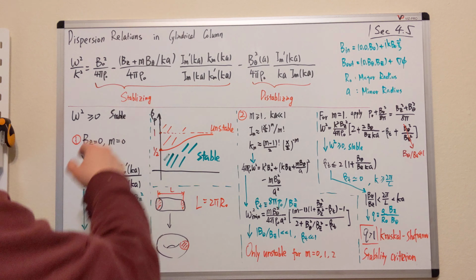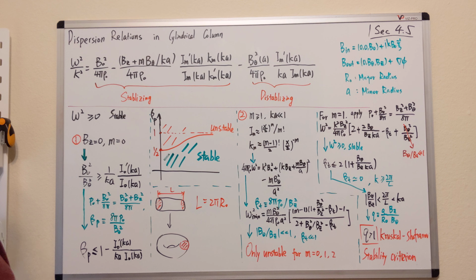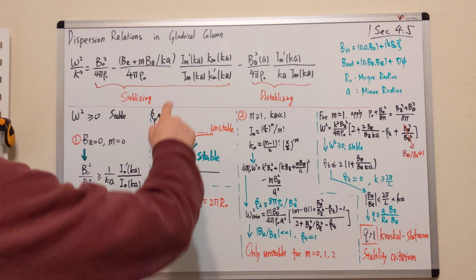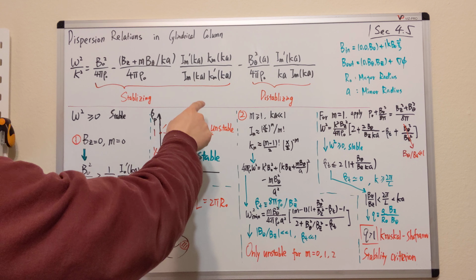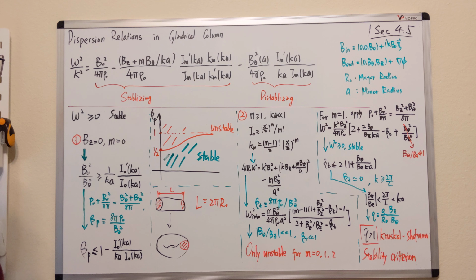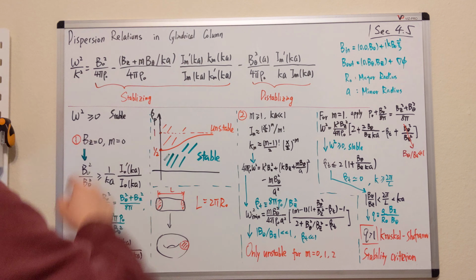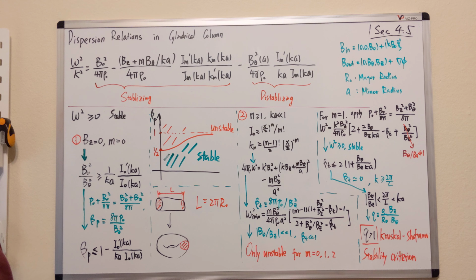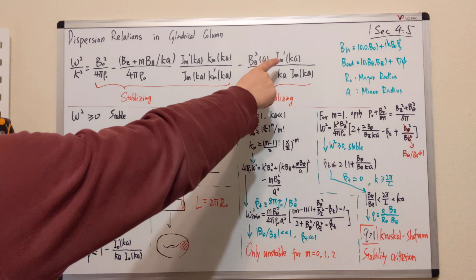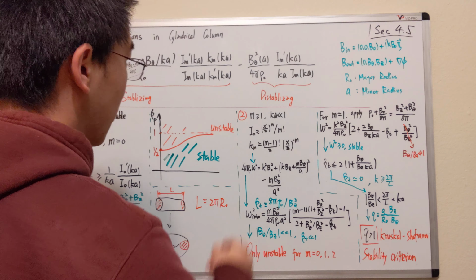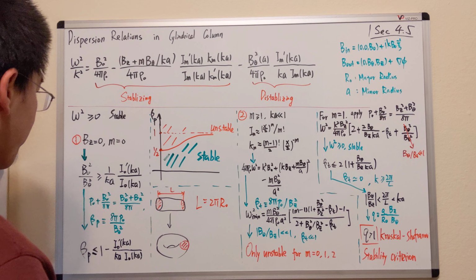If you look at the modified Bessel functions, Im and Km, you'll find that Im and Km are always positive, and Im prime is always positive, Km prime is always negative. So this term is always positive, and those two terms will end up becoming stabilizing terms. And this term will always be negative, so it will become a destabilizing term.